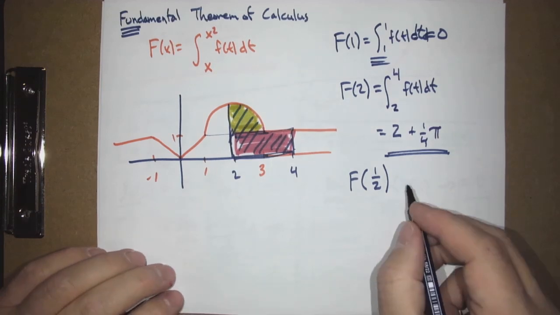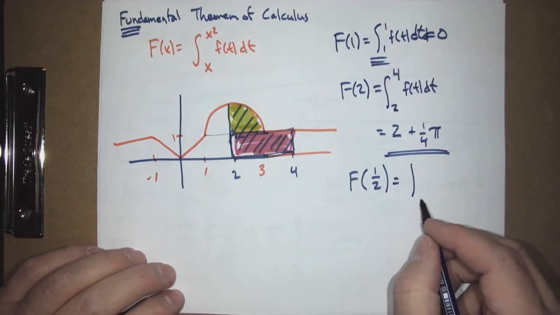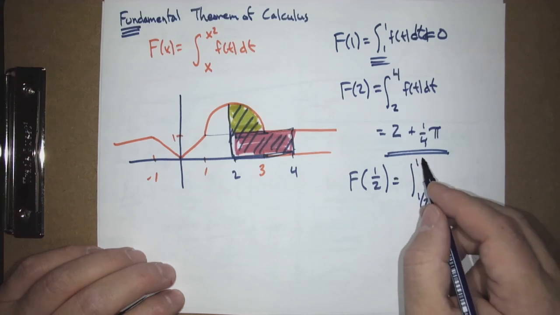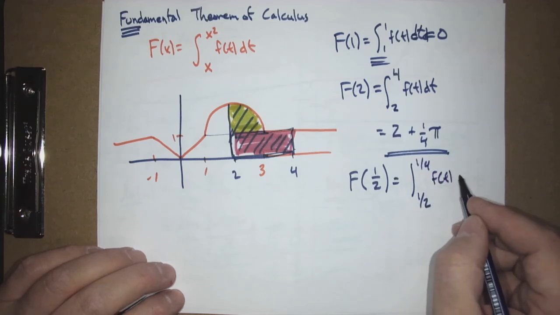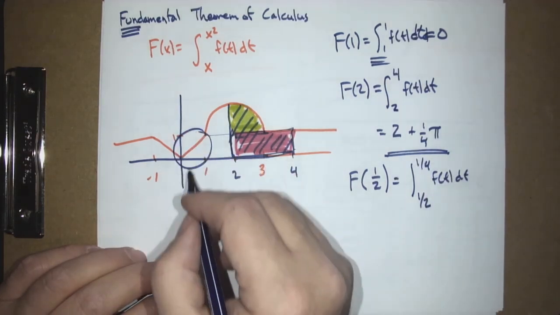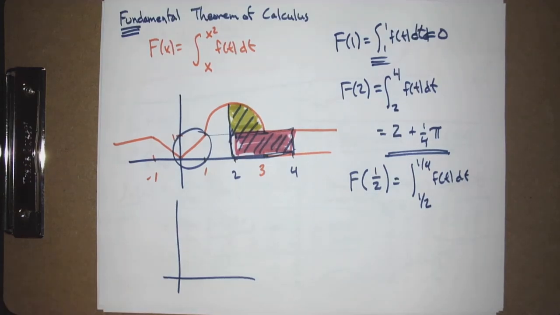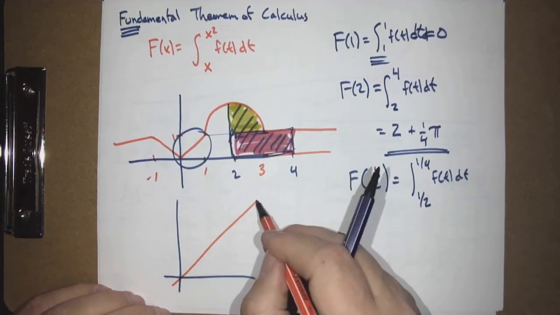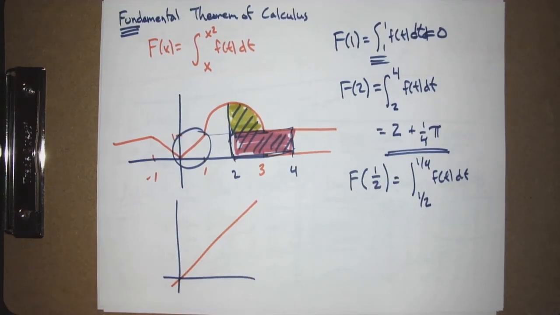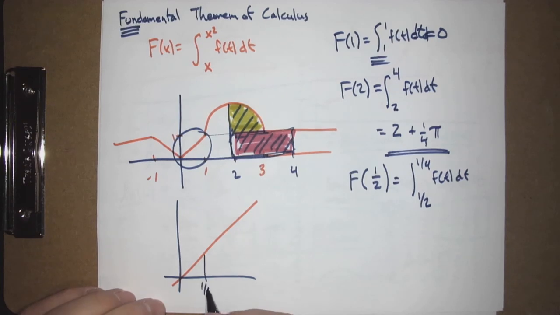So, according to this, it's integral from where to where? 1/2 to 1/4 of f of t dt. So zoom in, pull out your microscope. So, okay, we got our 1/4, we got our 1/2.